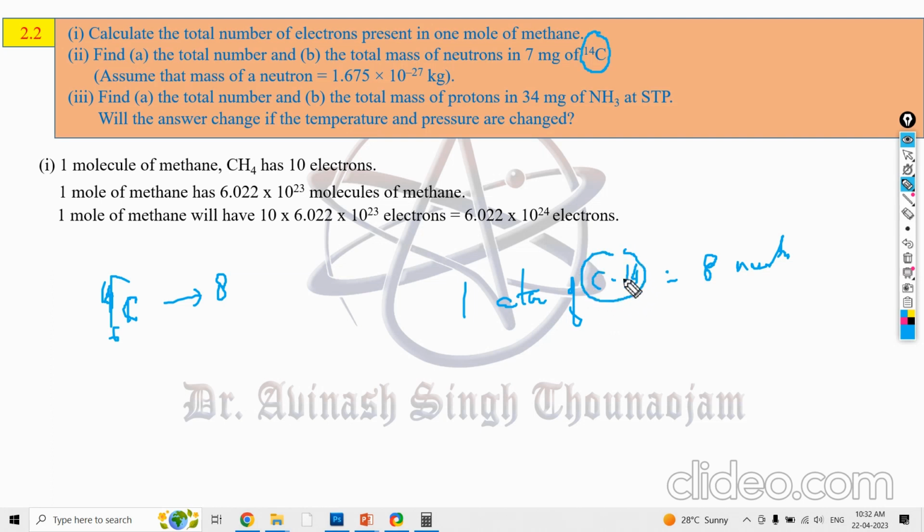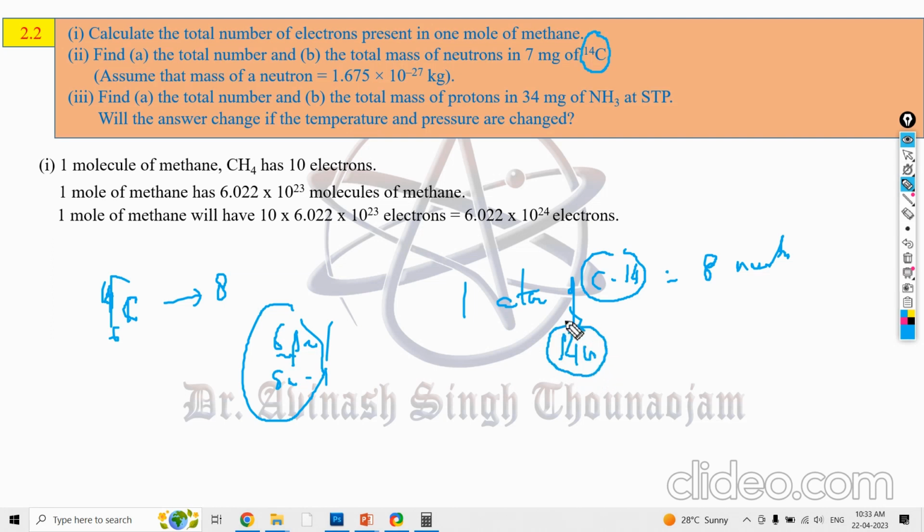We've already done this. Carbon 14 contains 6 protons and 8 neutrons, and each weighs around 1 u, so the total weight is 14 u. So one atom of carbon 14 weighs 14 u.